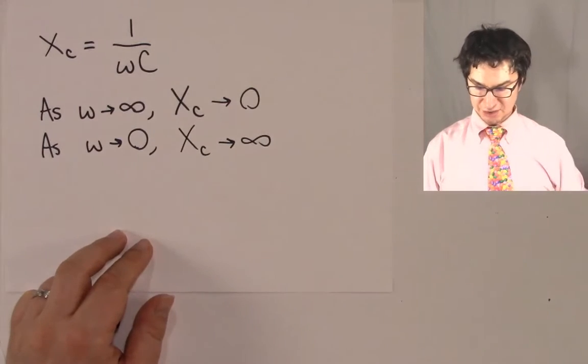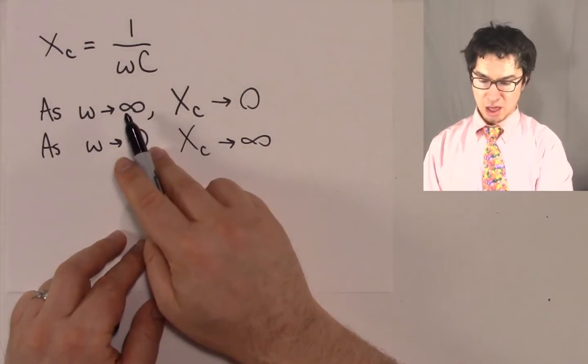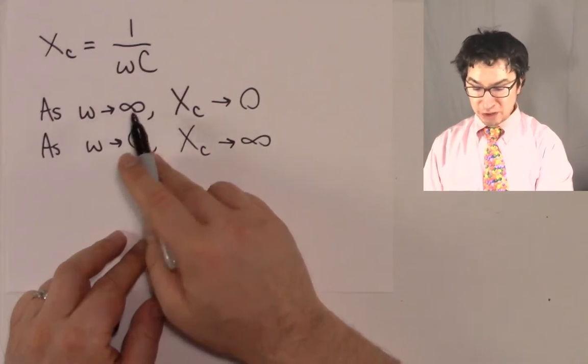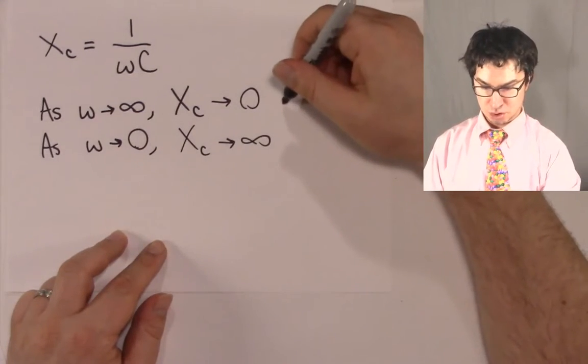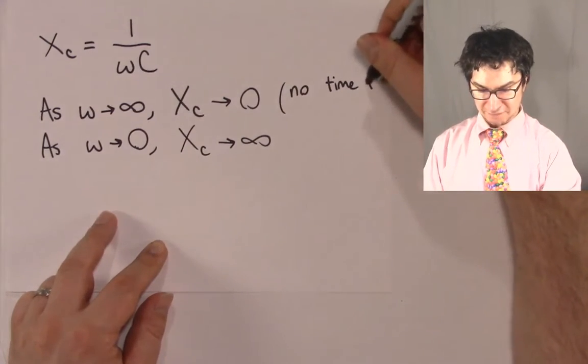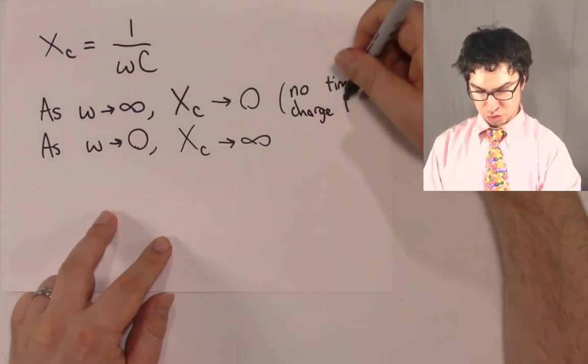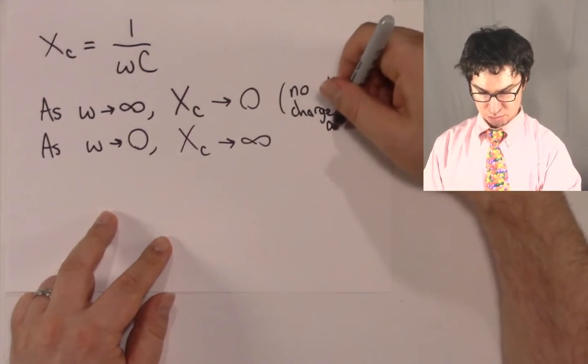Now, how do we make sense of this? If it spins very, very fast, then there's no time for charge to accumulate.